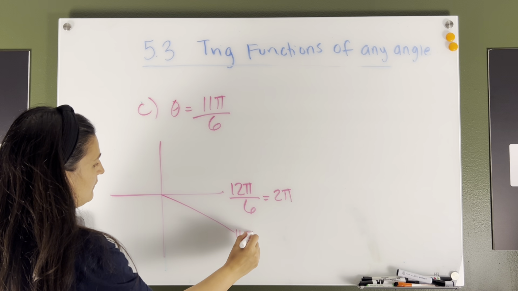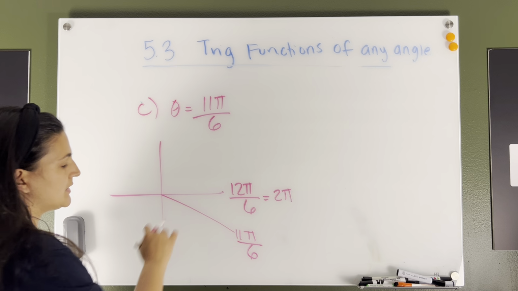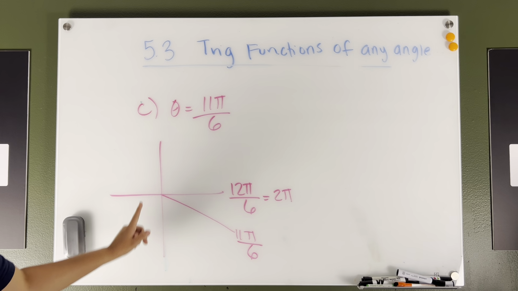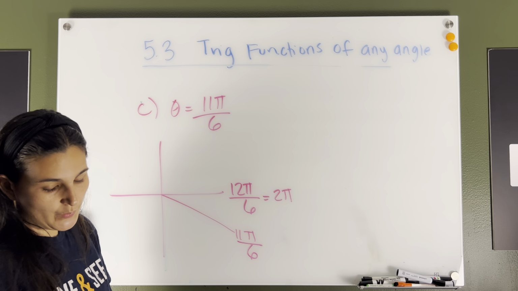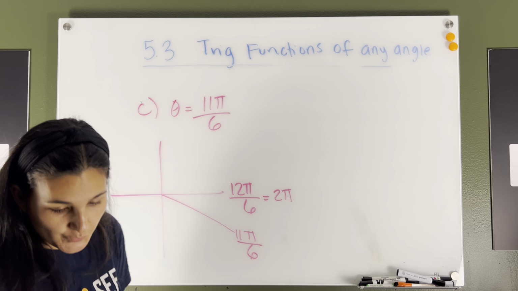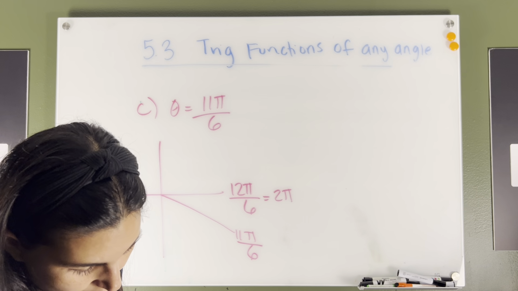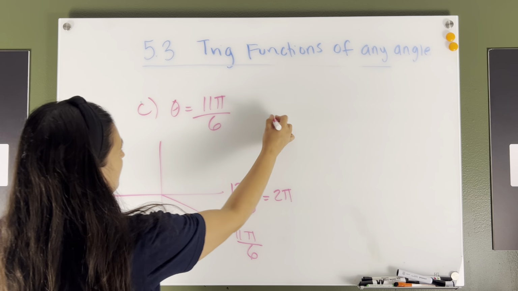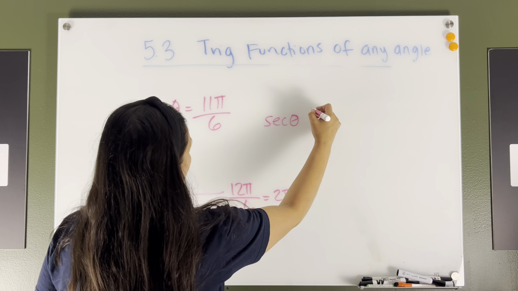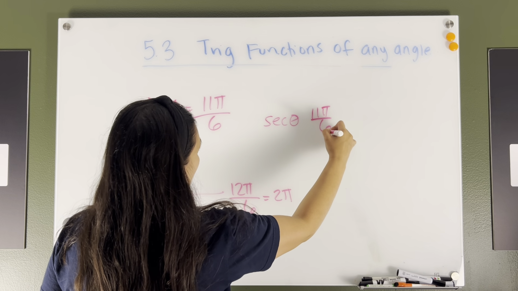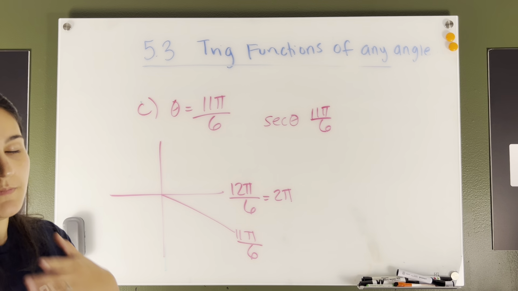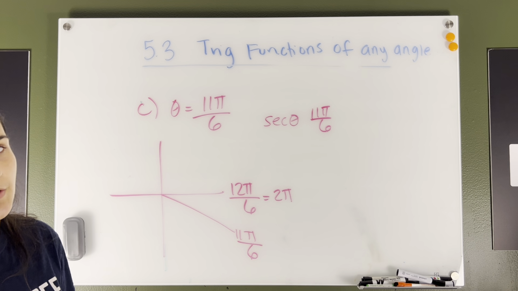Again, it doesn't have to be perfect, but I can see that it's going to be in the fourth quadrant. 1, 2, 3. Okay. So we're going to try to get the secant of 11 pi over 6. Okay, but we're going to solve it by using the reference angle.